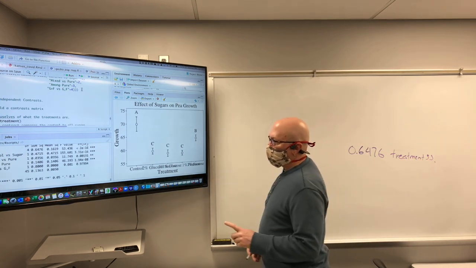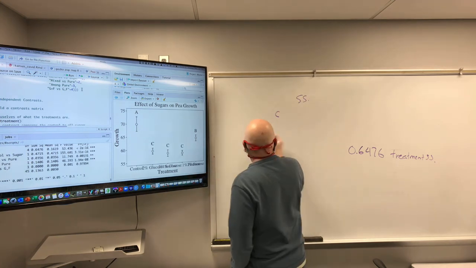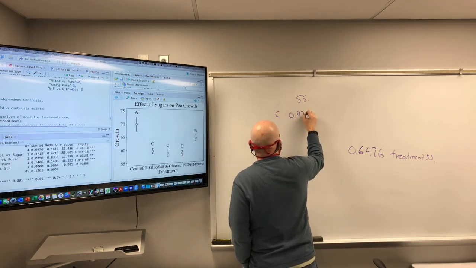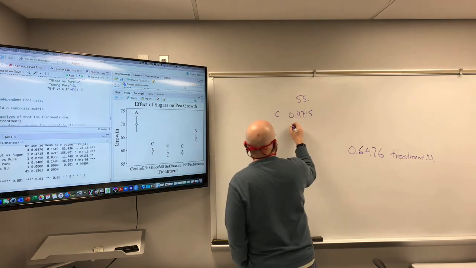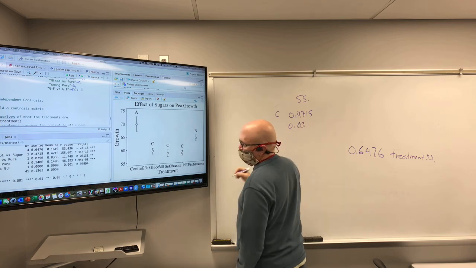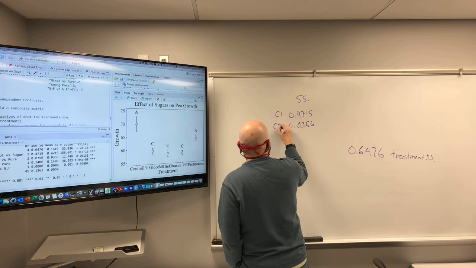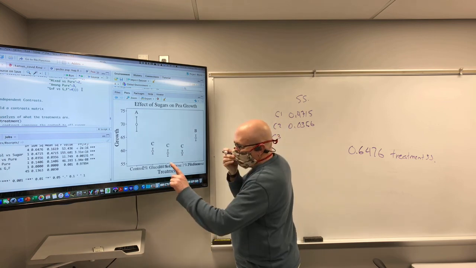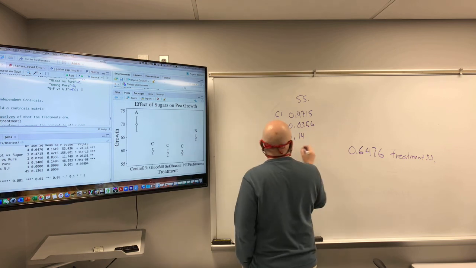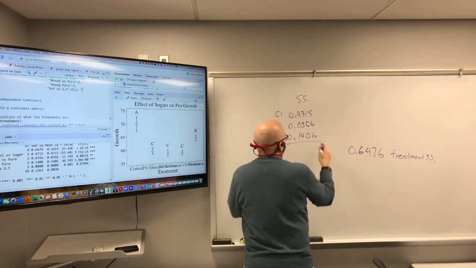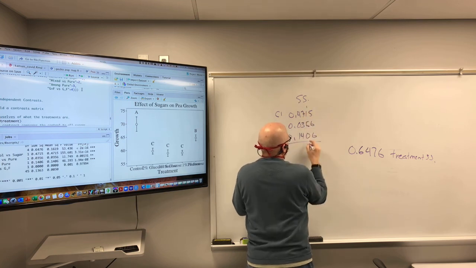So for these contrasts, contrast 1 has a sums of squares of 0.4715, contrast 2 is 0.0356, and contrast 3 is 0.1406.